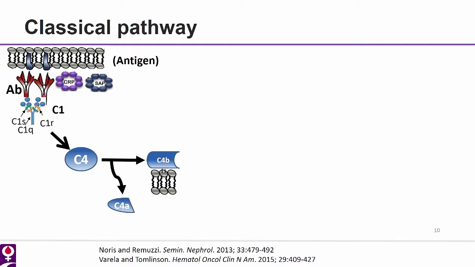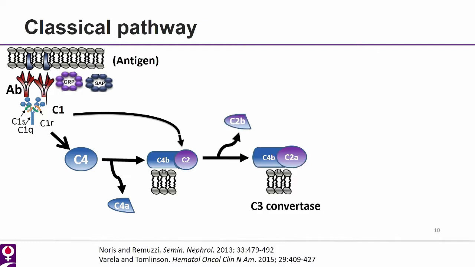Now, cleaved C4b has binding affinity for complement component C2, and when C2 binds to C4b, then C1s can again activate it, cleaving it into C2a and C2b, and C4b bound to C2a makes the classical pathway C3 convertase.